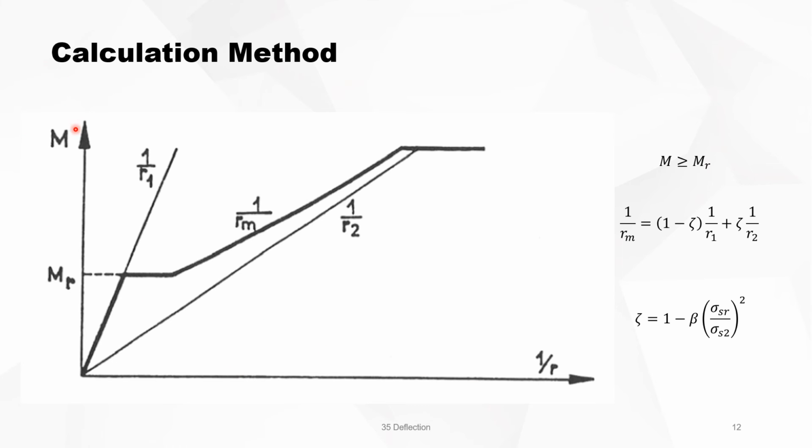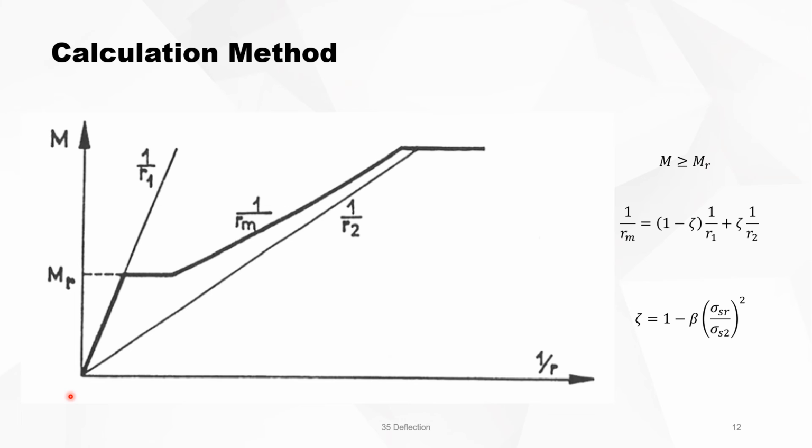Now we can take a graph where this is the bending moment on the y-axis, and on the x-axis is the curvature 1 over r. You can calculate for the uncracked section. We see that this line represents the uncracked section, and for the completely cracked section, it's this line.